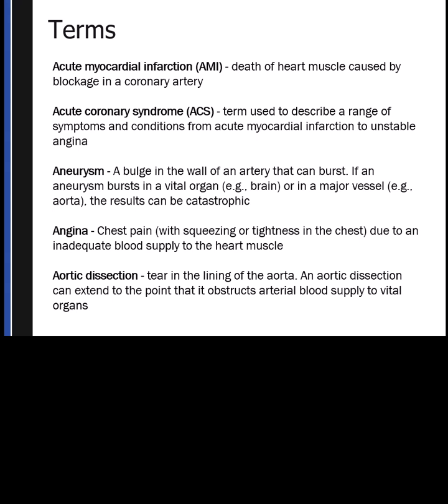Yes? I was just going to ask if it's possible for the electricity in the heart to conduct to some other surrounding organ, like the lung. It is conducted, because remember, how do we get an EKG? What are we looking at when we get an EKG? That's a really good question, by the way. How do we get an EKG? What are we looking at?